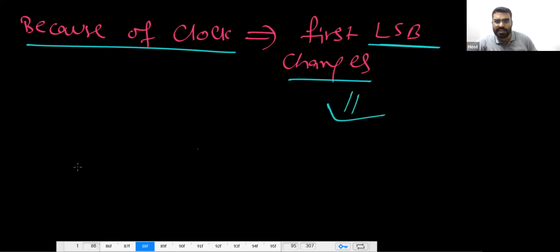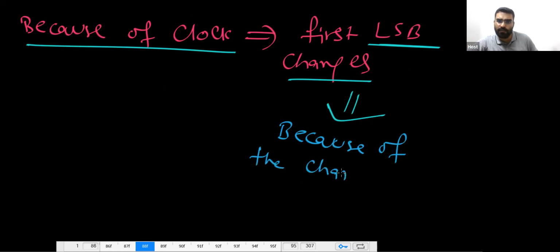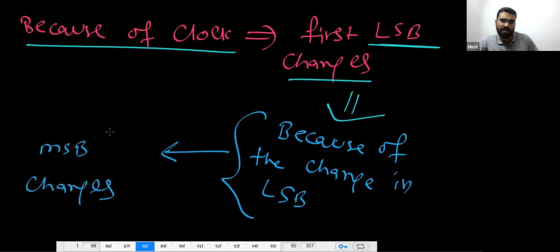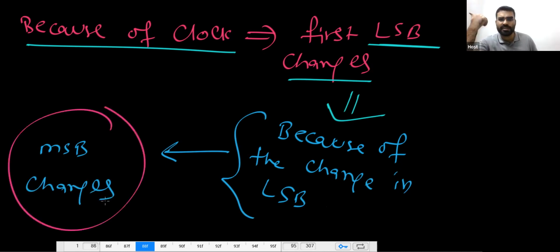Now, because of this change in LSB, what will happen? Because of this change in LSB, the MSB will change. So one after another, this is happening.